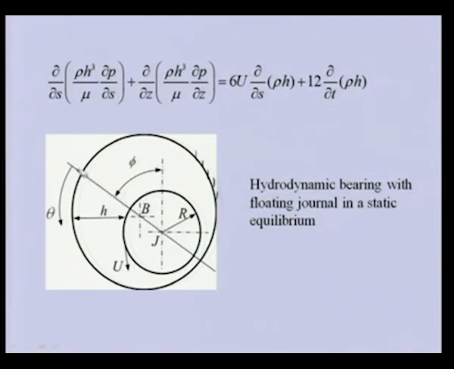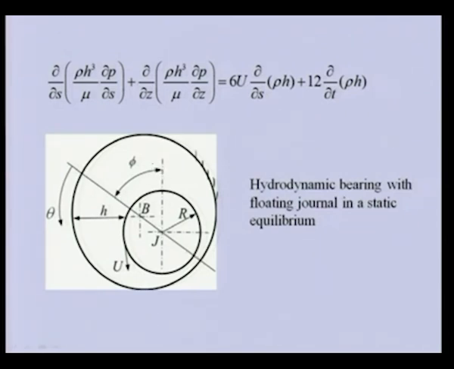So, between the journal and the bearing, lubricant will be there, and this gap will be of the order of microns, and you can see this B is the bearing center, C is the journal center. The distance between these two is the eccentricity, and if we join the bearing center and the journal center line with the vertical, that angle is called the attitude angle.